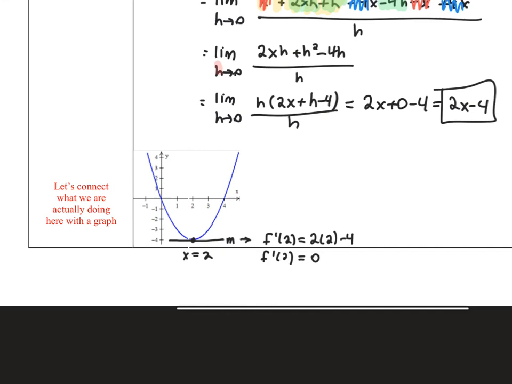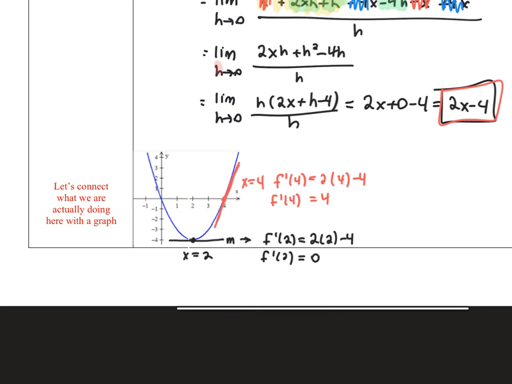So if I wanted to know the slope at, say, 4, if I wanted to do a tangent line, I could see it's a positive number, but if I wanted to know that exact slope, I would just take my x value of 4 and I would plug it into my f prime equation. And that would tell me that f prime of 4 is 4.